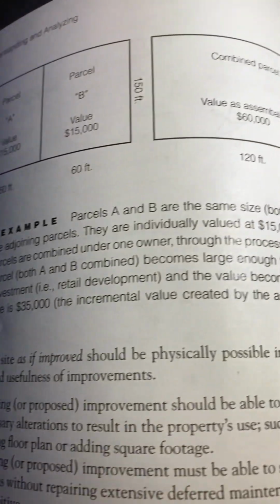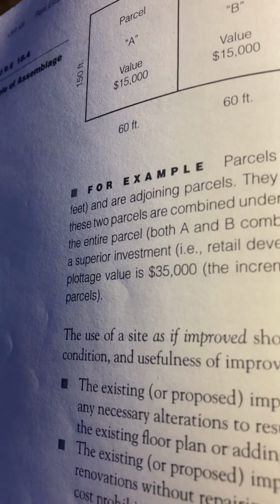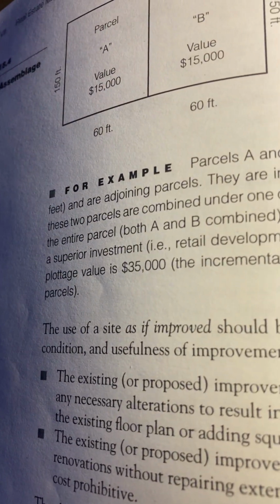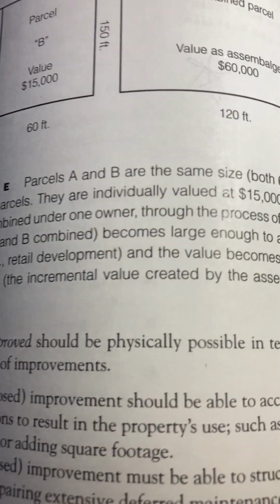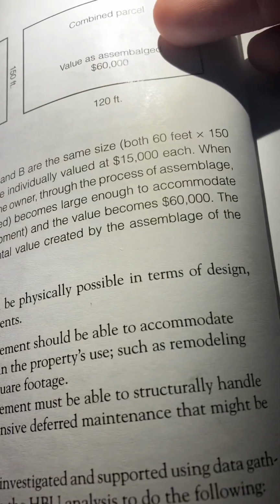For example, parcels A and B are the same size, both 60 feet by 150 feet, and are adjoining parcels. They are individually valued at $15,000 each.